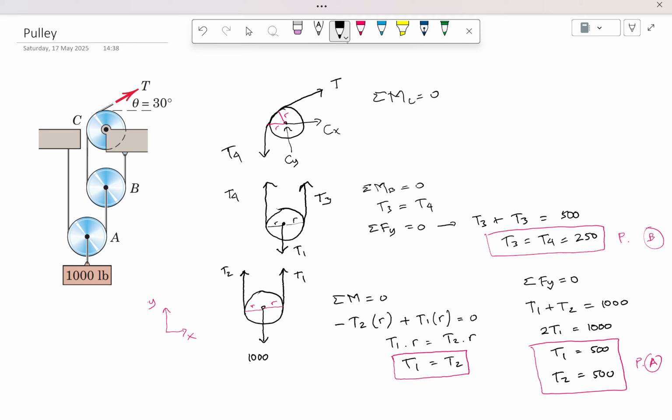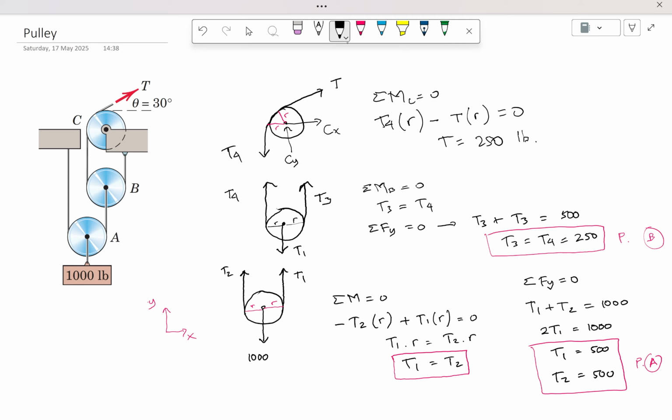The ones generating moment are T4 times R, from the tangent to the center of the pulley, minus T times R, from the tangent to the center of the pulley, equals 0. And then your T will be T4, which is 250 pound. That's it.